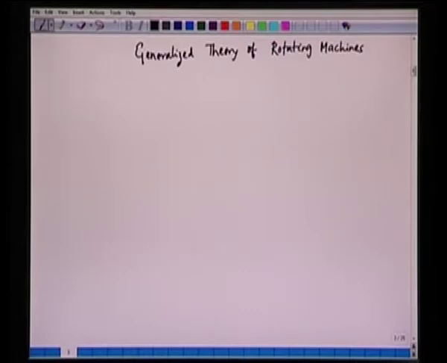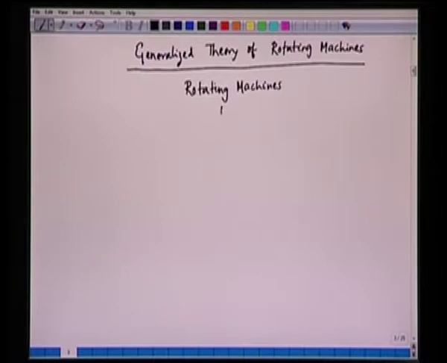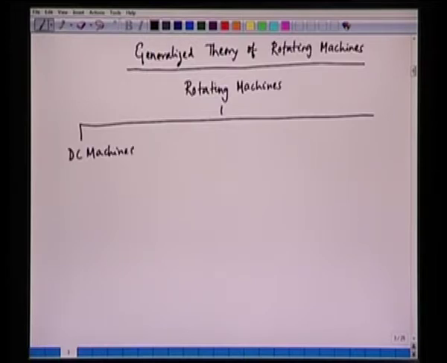So what are the types of machines? Now we have the rotating machines, and these are the types of machines we have. We have DC machines. And what are the types of DC machines we have?